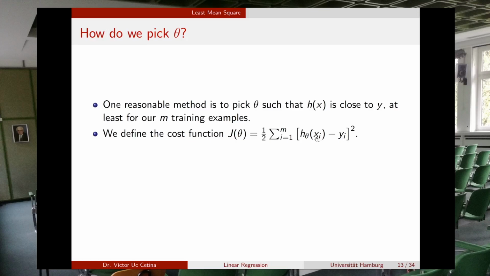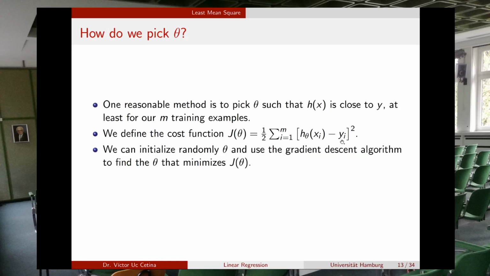So we could say maybe the size of the house of 500 square feet, for example, and the real price of the house, like let's say $100,000, for example. So this is going to be our cost function.